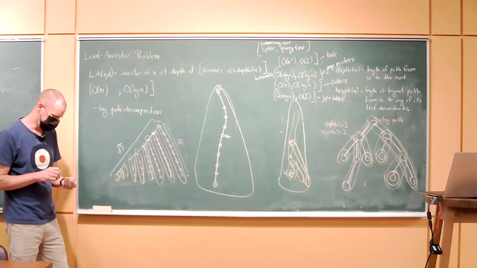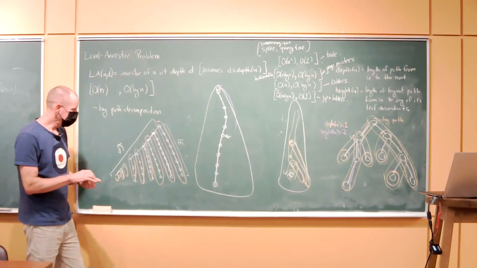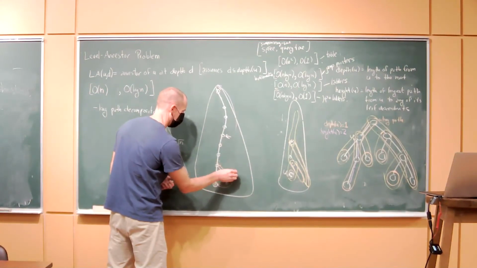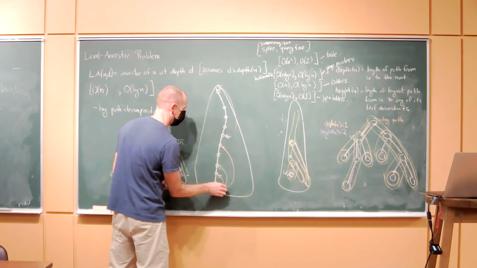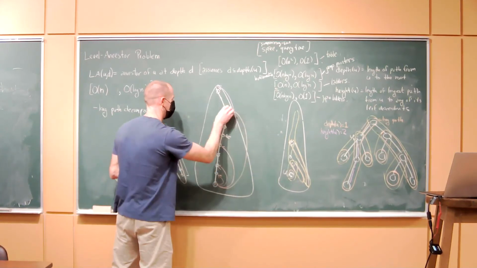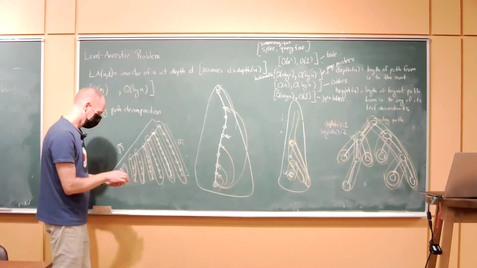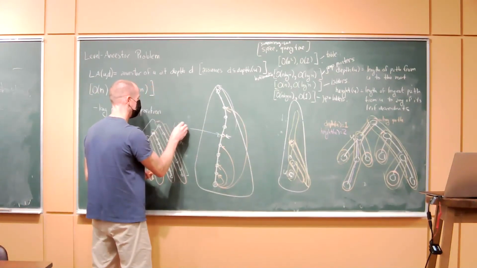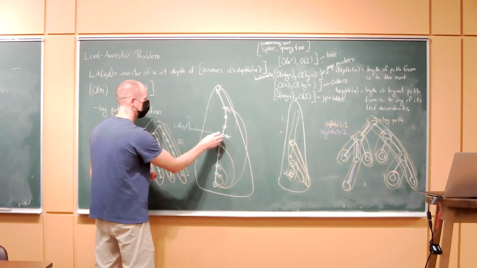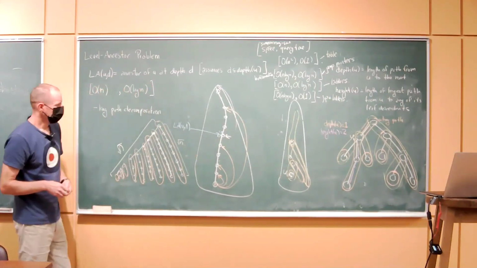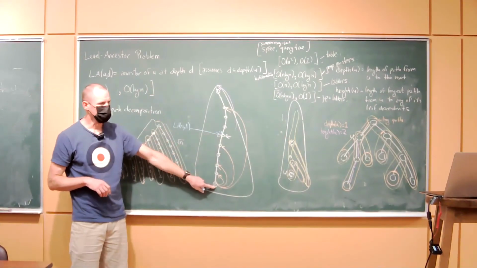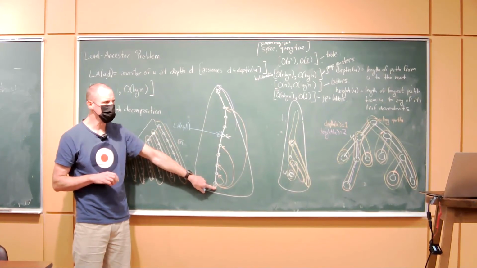But actually, if the bottom node on the path has jump pointers, and this happens to be the node that I'm querying, so I'm doing something like the level ancestor of U, D, this is node U. Well, I could get that answer by starting down here, from this node. It would be the same answer, right?